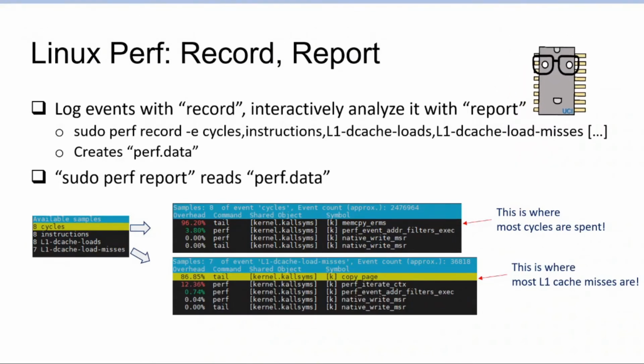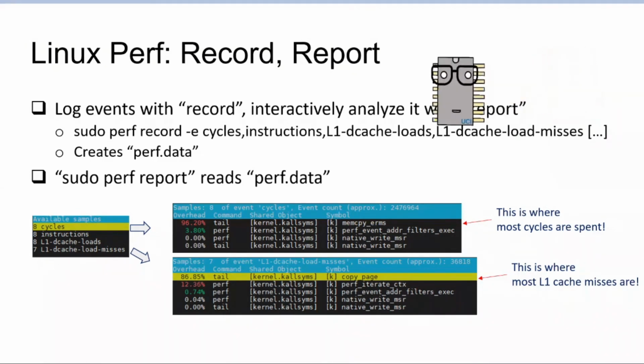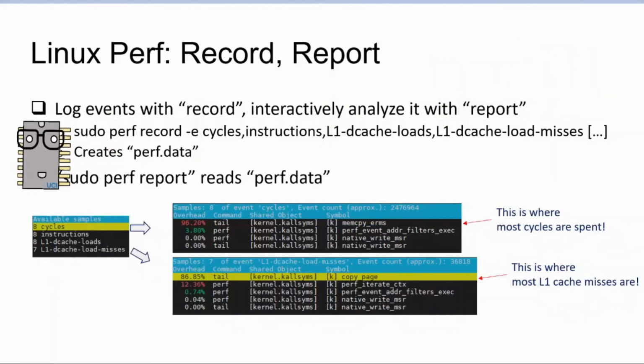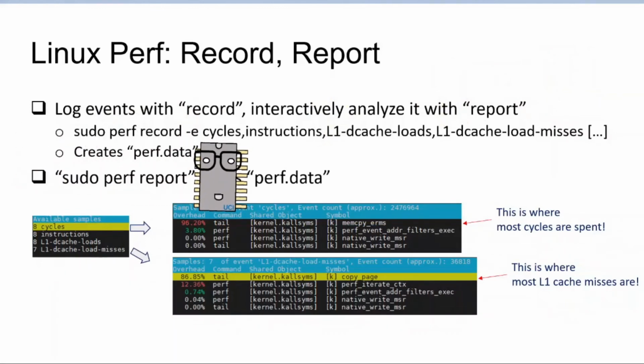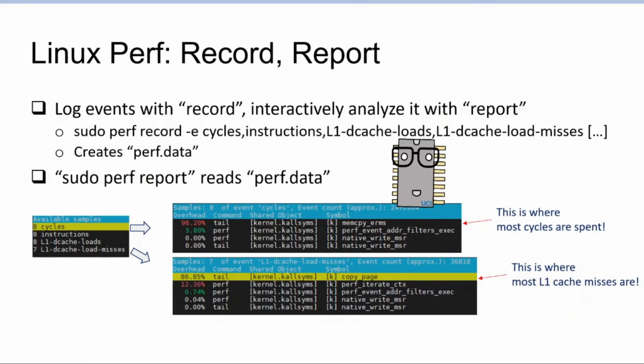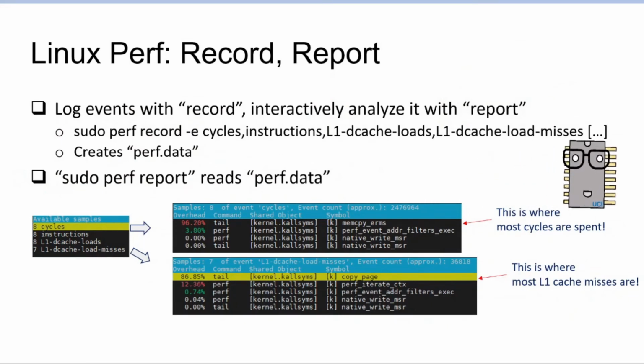You can log events to a file using the perf record command. And then once the program execution finishes, you can use the perf report command to interactively analyze the collected information. So you can do things like sudo perf record, give the -e argument for all the stuff that you want to keep track of, and then run the command that you want.